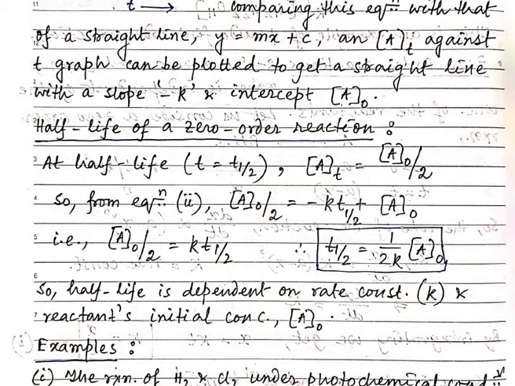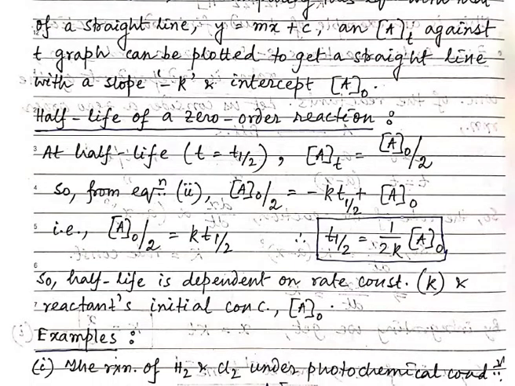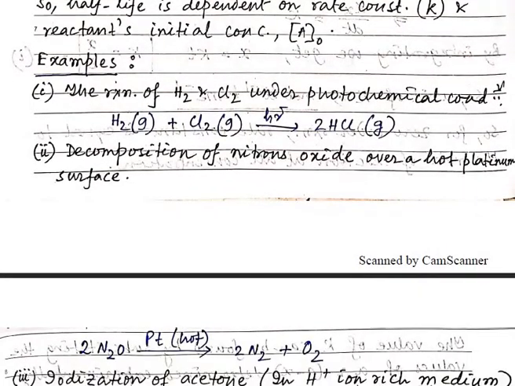In case of the zero order reaction, we had mainly seen that the rate of the reaction is independent of the initial concentration of the reactant, but the half-life is dependent on the rate constant and the reactant's initial concentration. So in this way, we mainly showed the zero order, its rate expression and how its half-life is obtained. Next, let us show some examples.